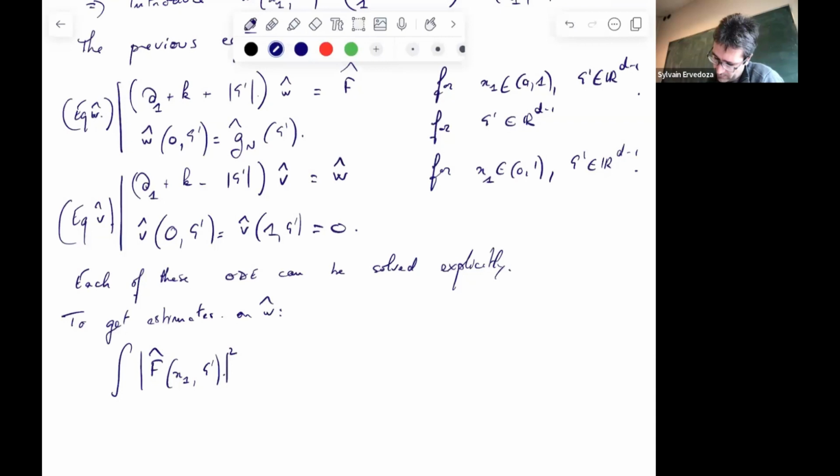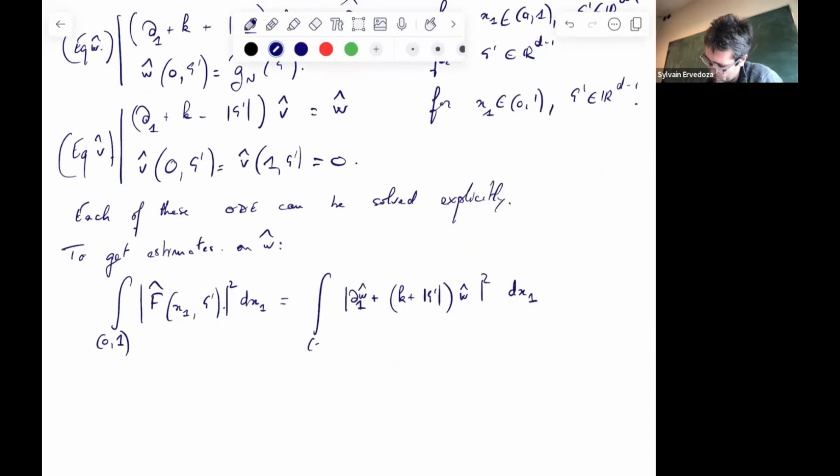So you see you'll have something like that. This equals the integral of the square of (d1 plus k plus psi prime) w hat, dx1, over (0,1).